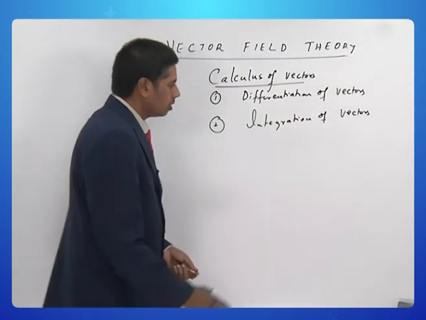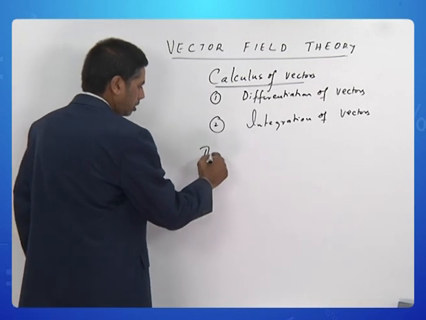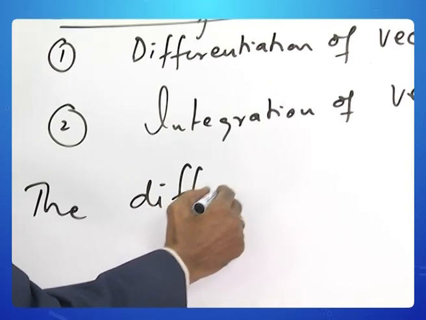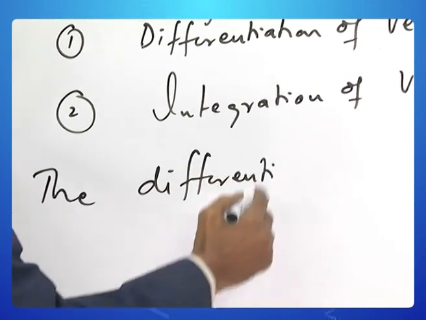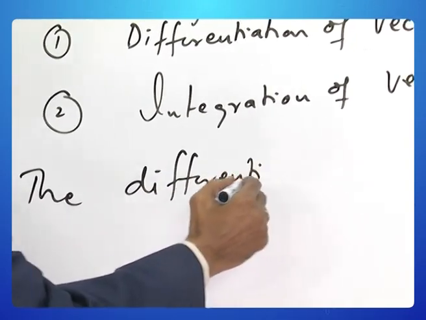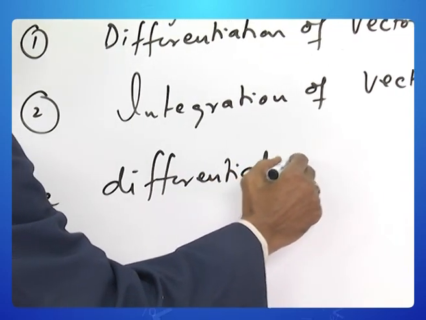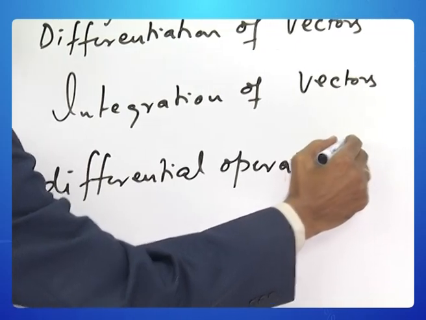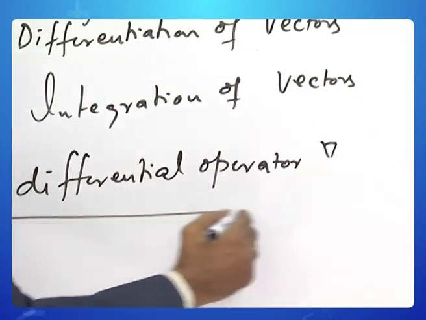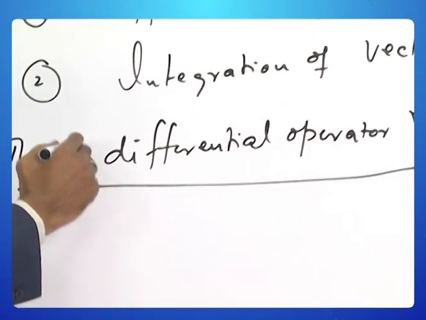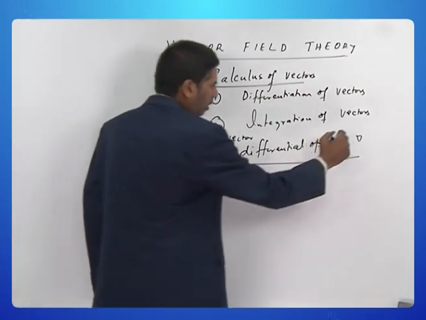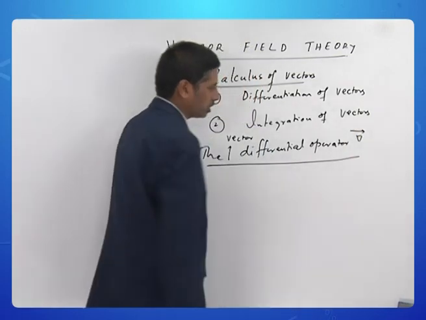Now we have a very important operator, the differential operator del. In fact, we will call it the vector differential operator del, and also put an arrowhead on that.